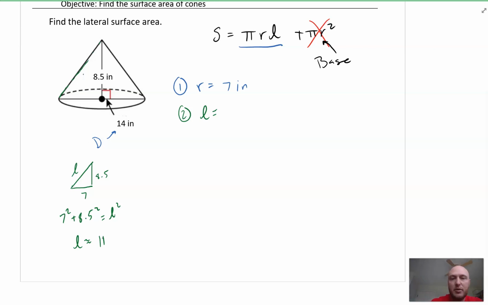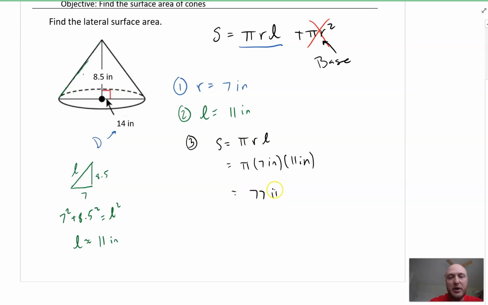We'll just go with approximately 11 inches. So 11 inches. And now we can calculate. S is equal to pi, the radius, times the slant height. So pi times 7 inches times 11 inches, which gives us 77 pi square inches.